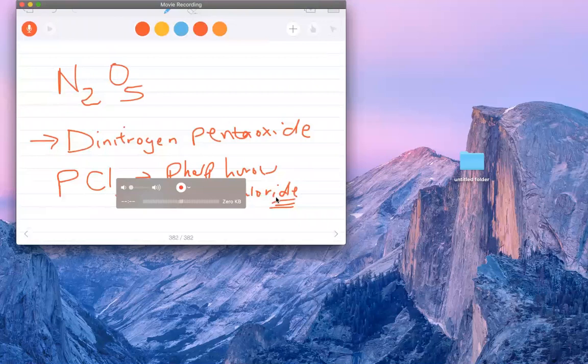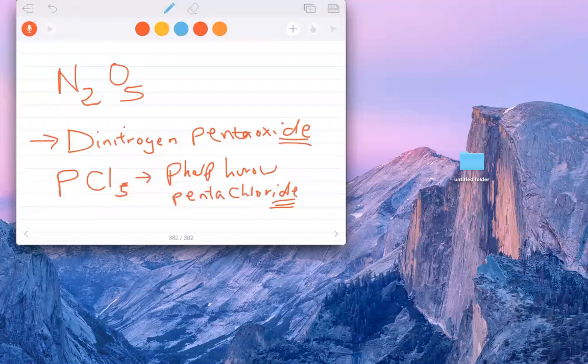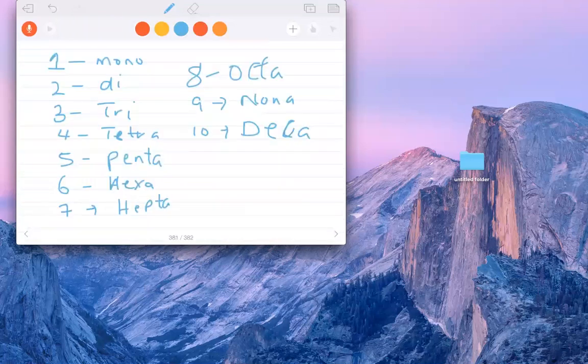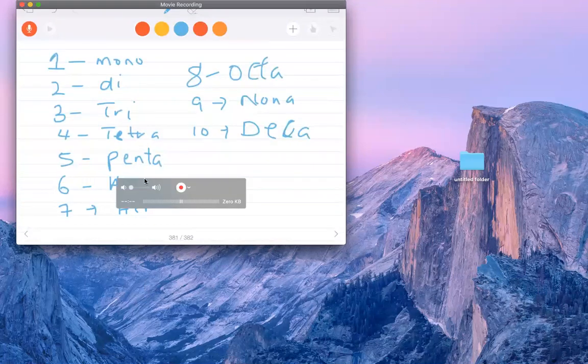Look at how the ending changes when naming binary molecular compounds. Binary molecular compounds. Pay attention to molecular. That means non-metals. You have no business using the prefixes right here if a metal is involved.